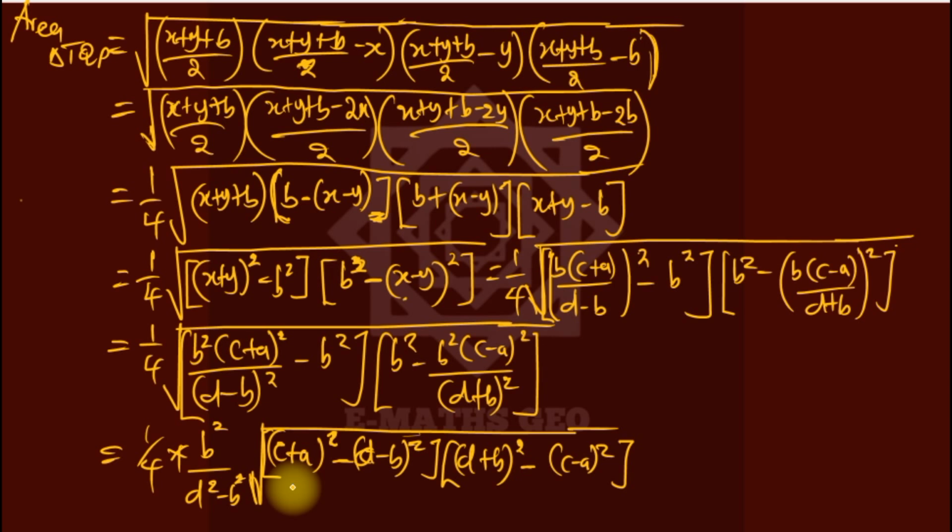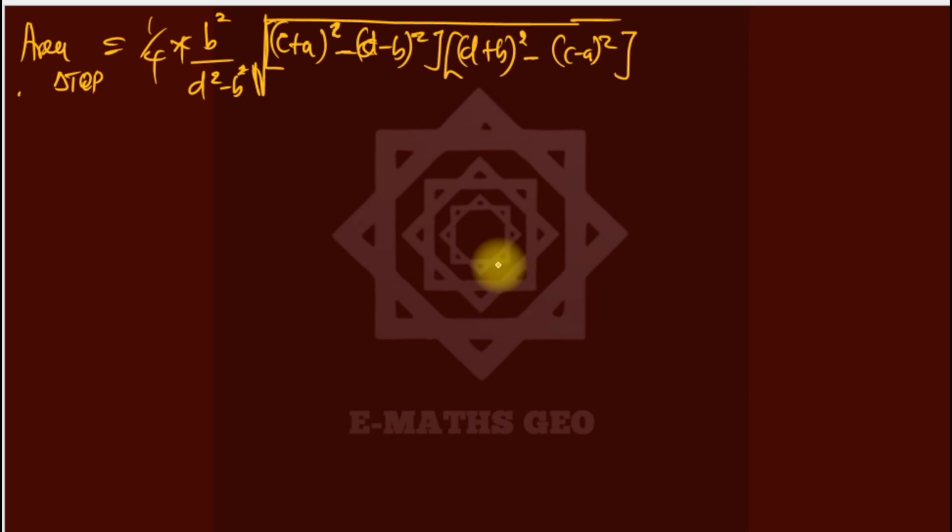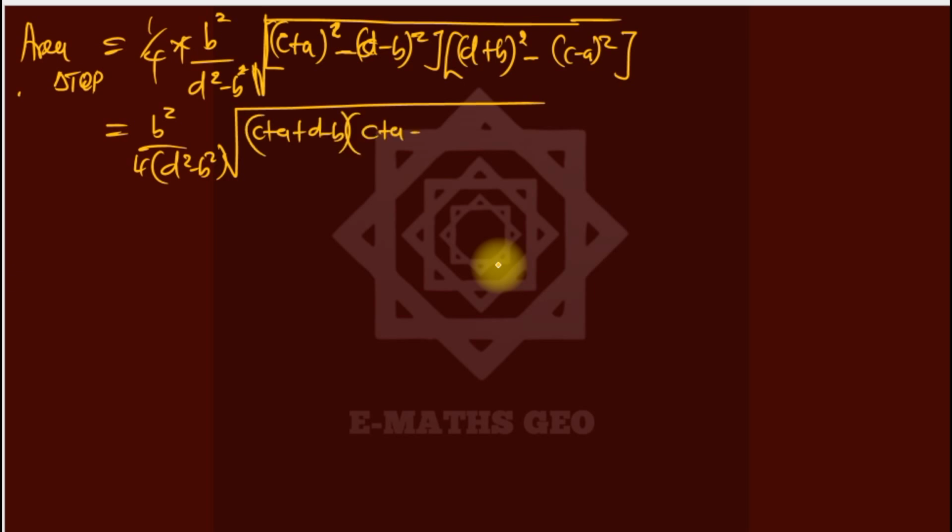You factor that. So this is equal to, let's move to the other page. Okay, this is equal to b squared over 4 times (d squared minus b squared) times the square root of this difference of two squares. So I have (c + a + d − b) times (c + a − d + b).